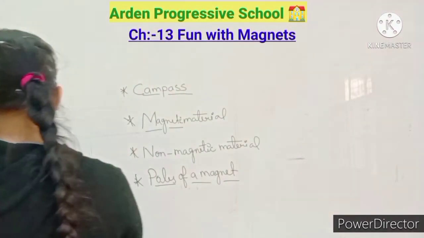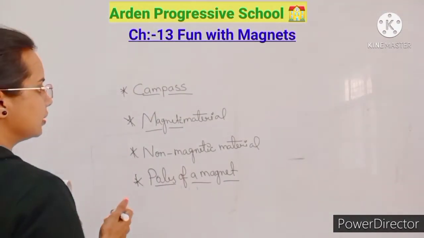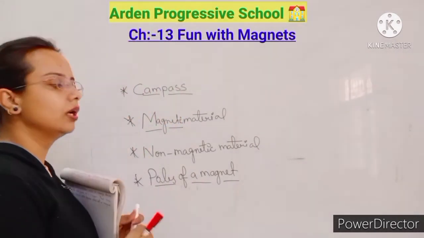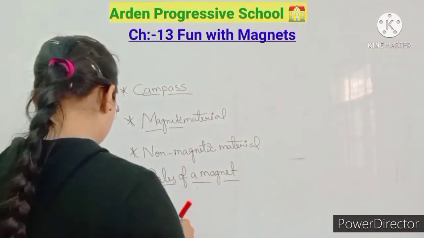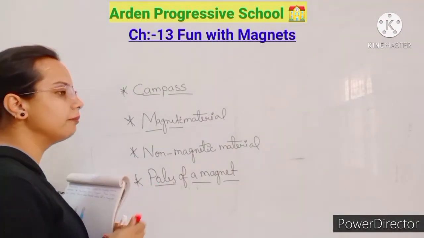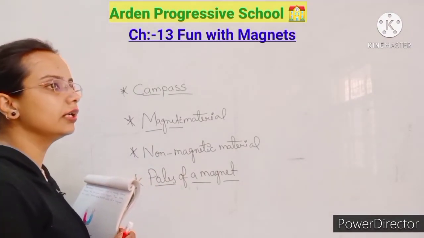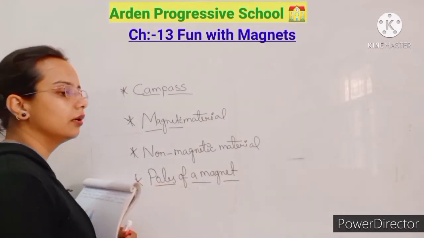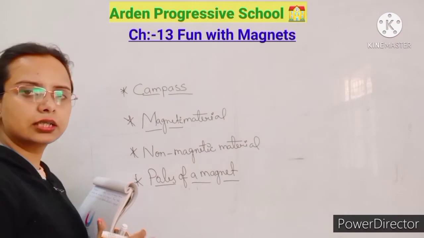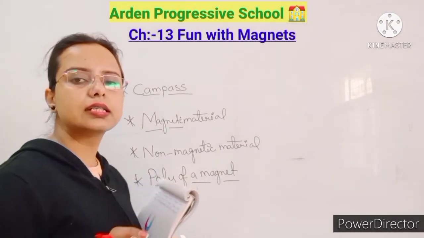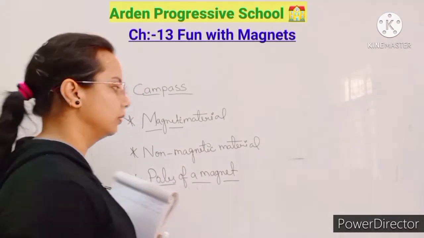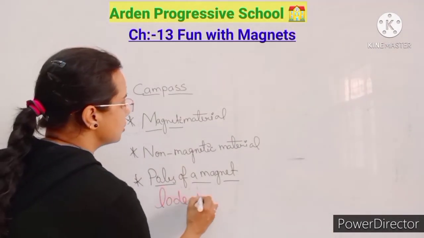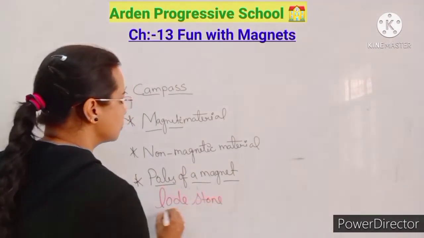Now the next one is, what is the history of a magnet? I have explained about this also, that the history of the magnet started in 1845, when a person was passing through a stone, and that stone is known as a lodestone, that is L-O-D-E-S-T-O-N-E.